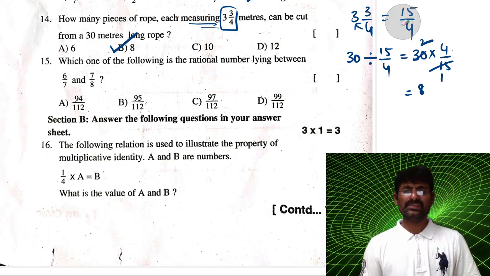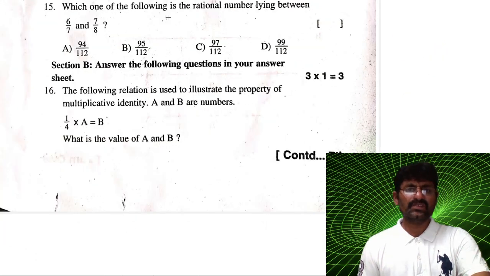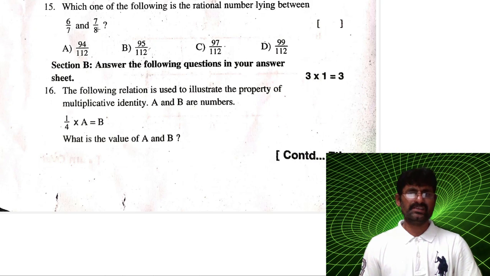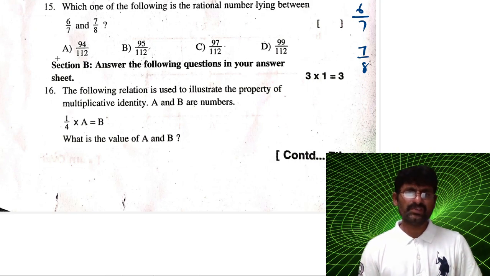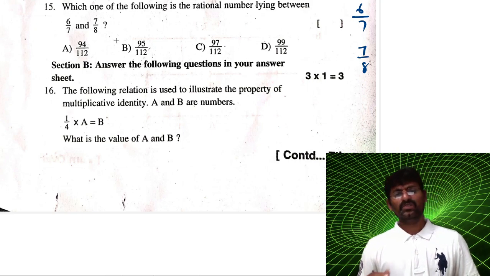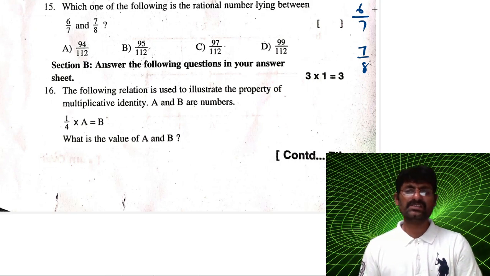Now let us see the 15th problem. Which one of the following is the rational number lying between 6 by 7 and 7 by 8? So here we have 6 by 7 and 7 by 8. To check which of the following is in between these two, we need to equalize the denominators. So how can we equalize the denominators? Simply multiply 6 by 7 with 8 by 8.